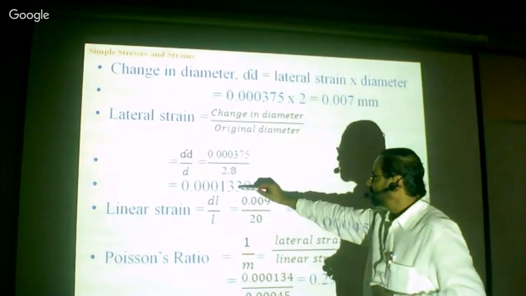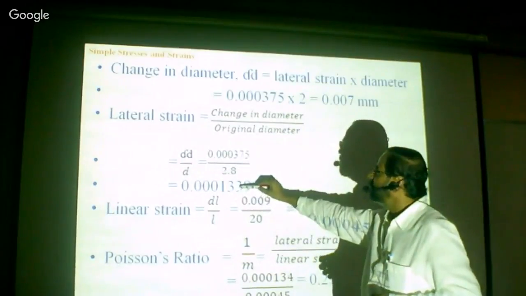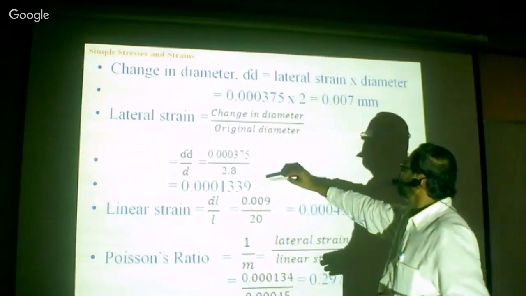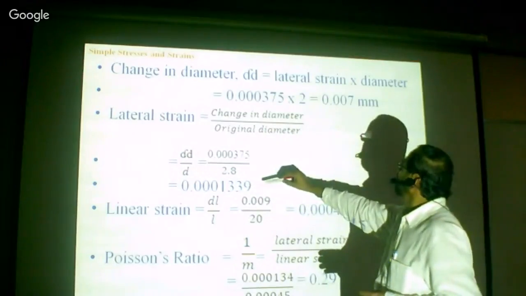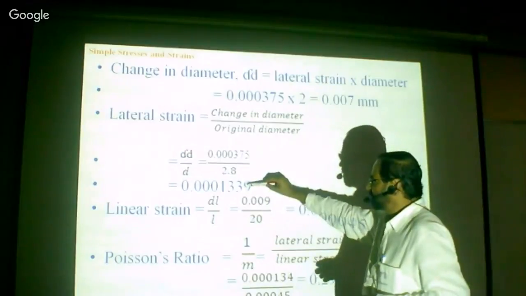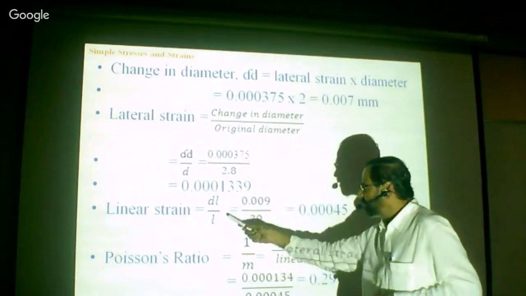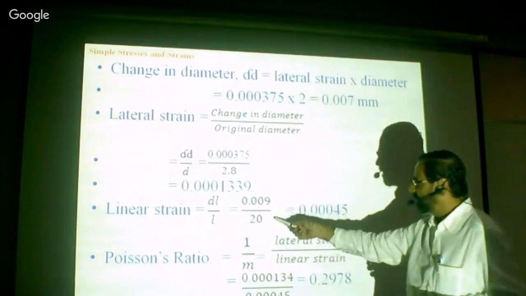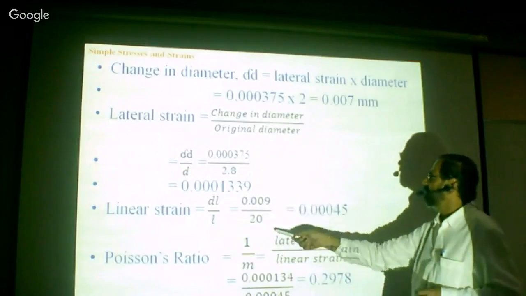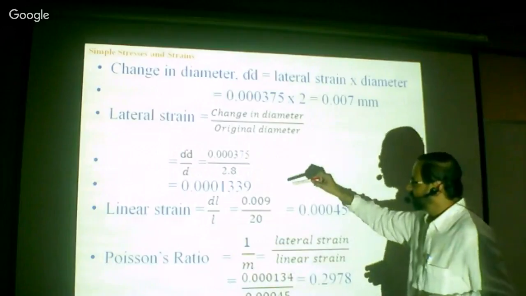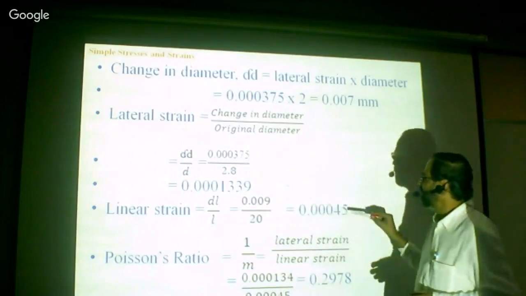So lateral strain is equal to this. Similarly linear strain is equal to delta L divided by the gauge length; the data is given here in the problem. Therefore this is the lateral strain and linear strain.